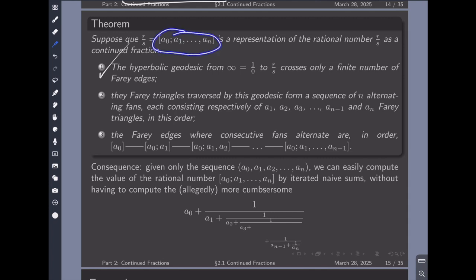But now, from what we have done, we also know that if what you give me is just the sequence, we can compute the rational number.